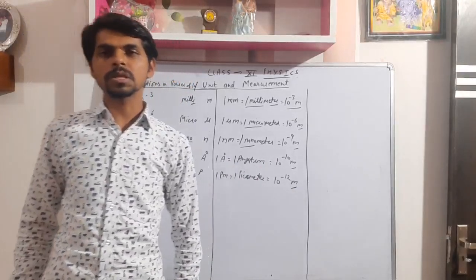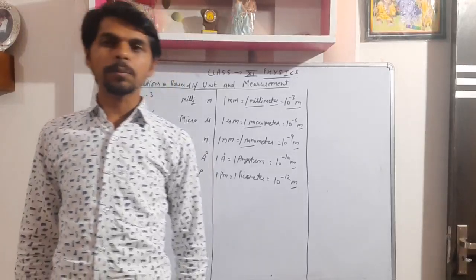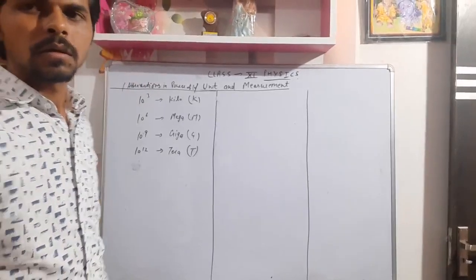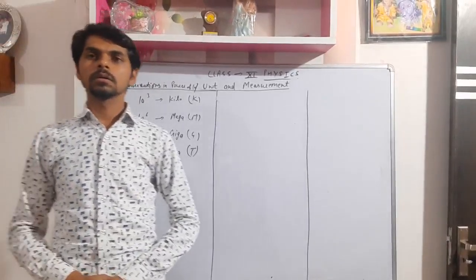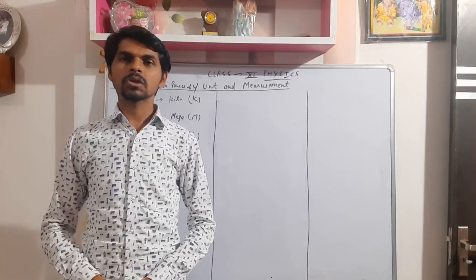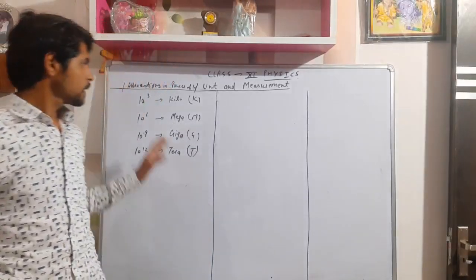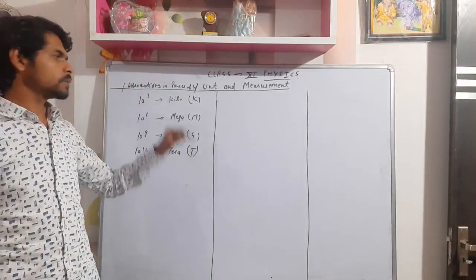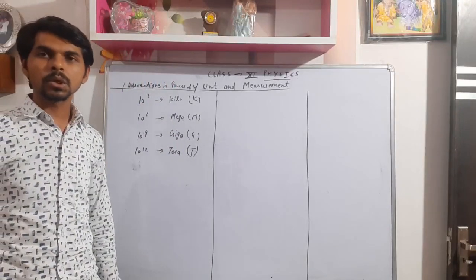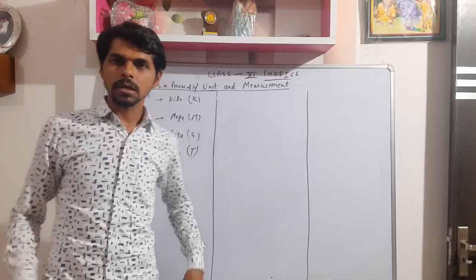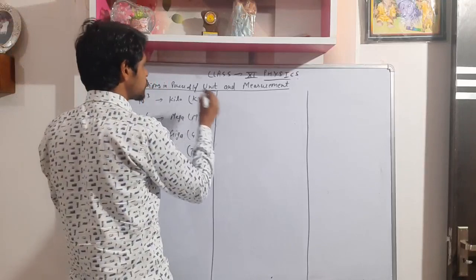There are positive powers also. How can we convert positive powers into SI units? So move to the next. Now the abbreviations used for positive powers of 10. The commonly used term: if 10 to the power 3 is given, that means kilo, with the symbol k.